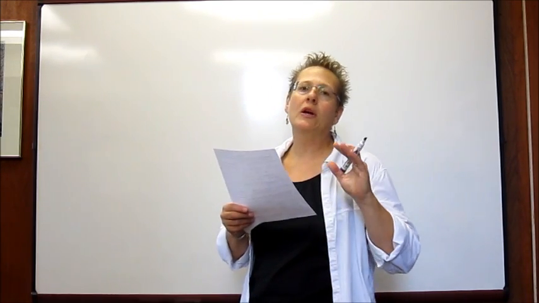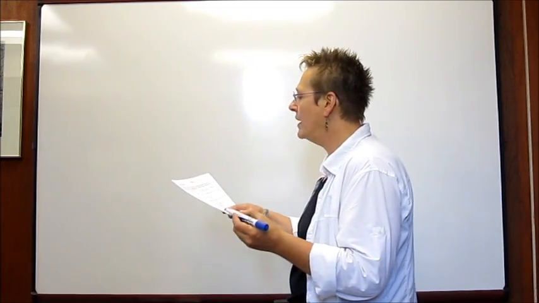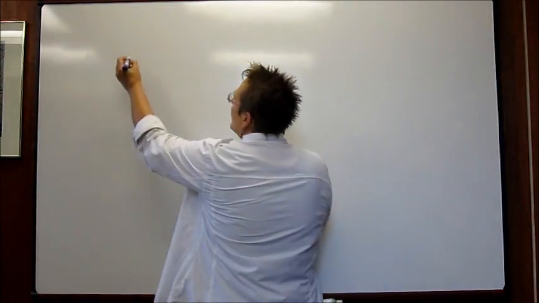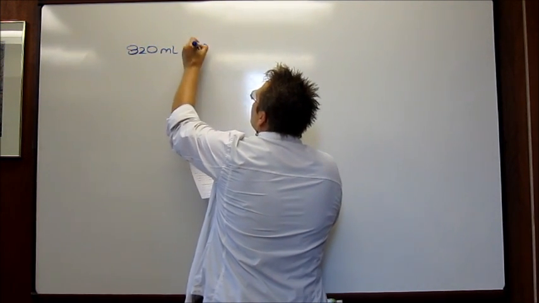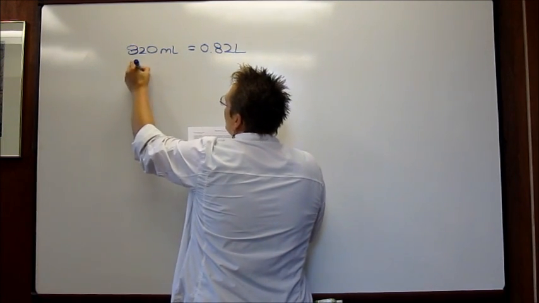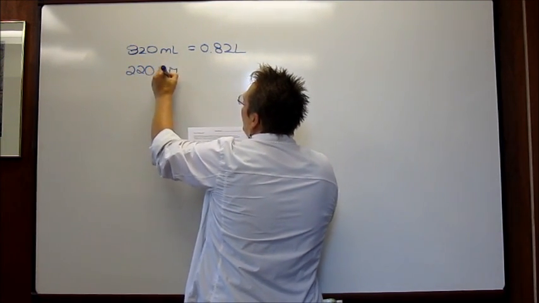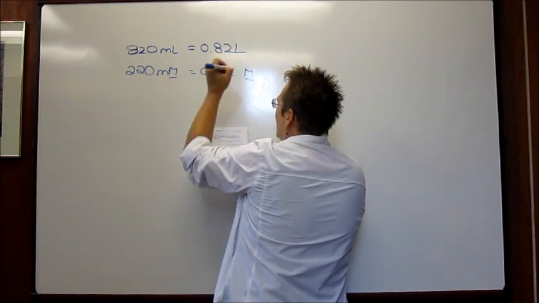So let's start by going over the first part on page 1, which was just to describe the preparation of a buffer. We worked through this in class, but I'll go over it here. So our givens, for starters: 820 mils, which is 0.82 liters, of a 220 millimolar buffer, which is 0.22 molar.